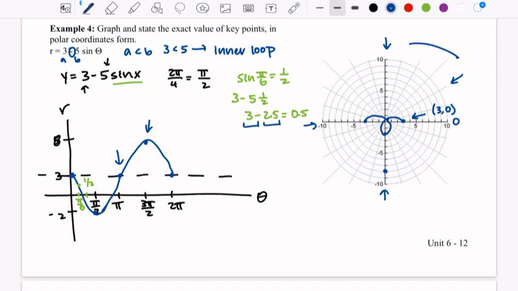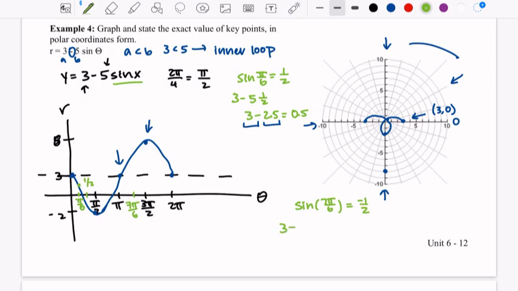If we wanted to find a point in between to make sure we know how far out it's going, let's choose one of those pi over 6 multiples, maybe 7 pi over 6. Sine of 7 pi over 6 is equal to -1/2.